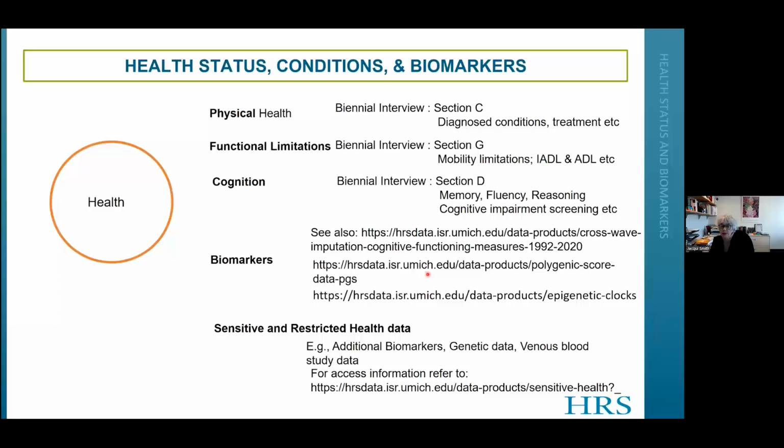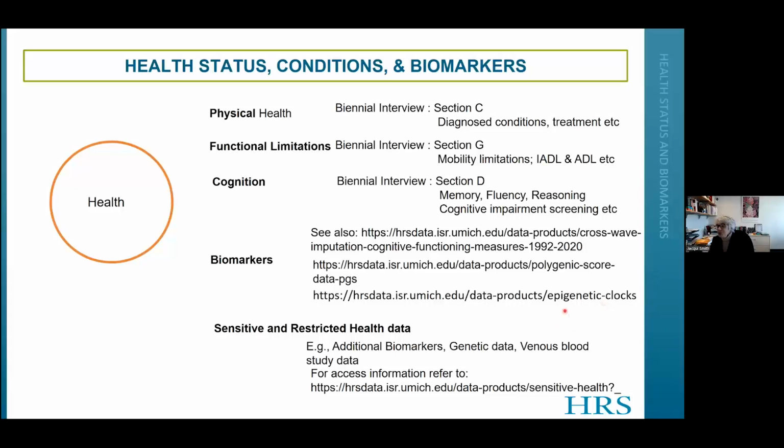Many people are starting to do that. Epigenetic clocks, this is like the rate at which you are aging. Maybe if you're under a lot of stress, the idea would be that you're aging at a faster rate genetically or biologically than your actual chronological age, or you're much younger.